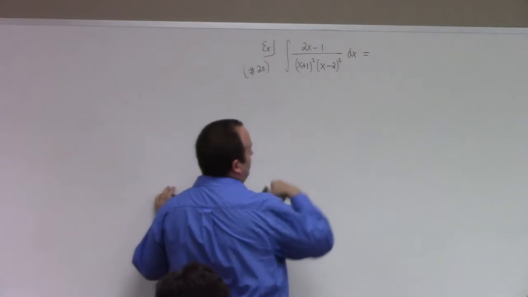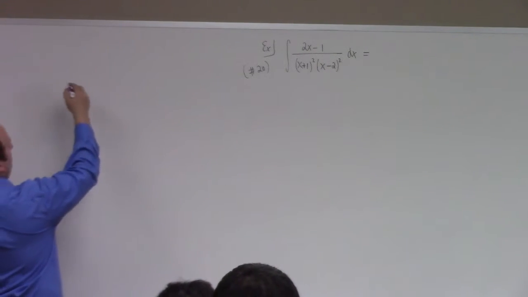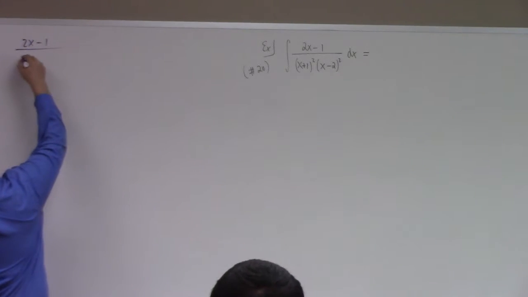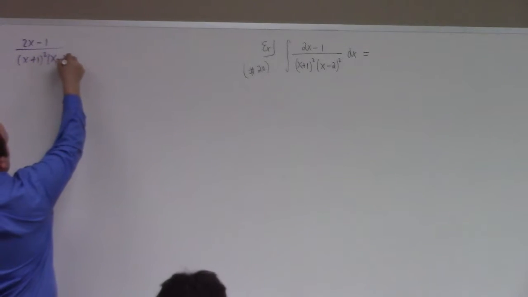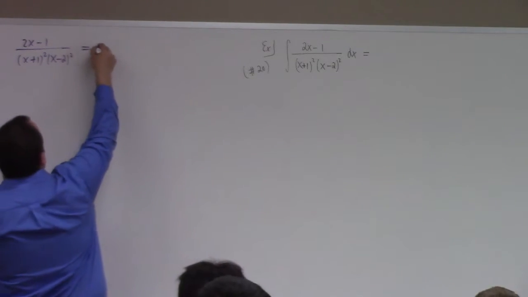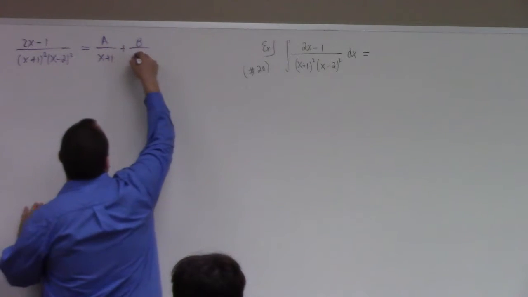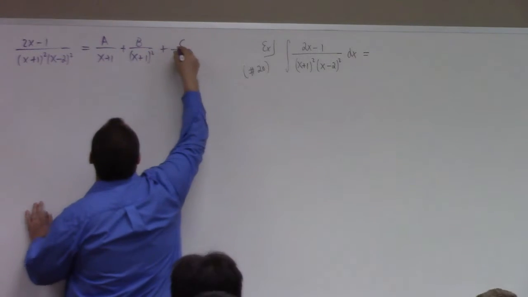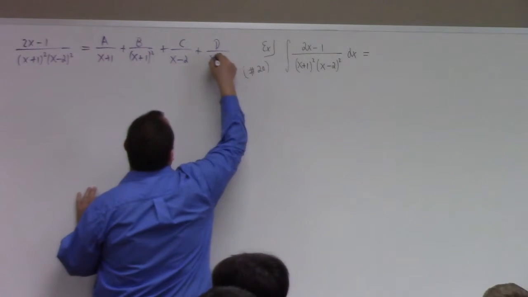So this one, what would the partial fractions decomposition be for this? You said something like a over x plus 1 plus b over x plus 1 squared, and then plus c over x minus 2, d over x minus 2 quantity squared.